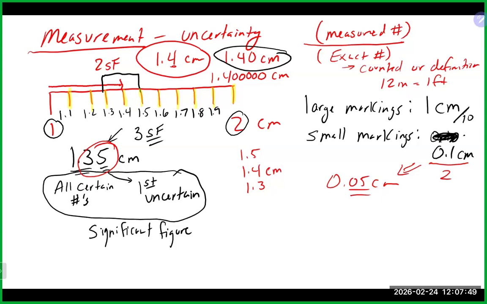1.40 has how many significant figures? It does have 3 sig figs. The estimated number is the 0. So when you record 1.40 centimeters, you're saying, I think it's 1.40, maybe it's 1.41, maybe it's 1.39. That is now an error of like in this area, right? Which is what you can actually do on this piece of equipment.